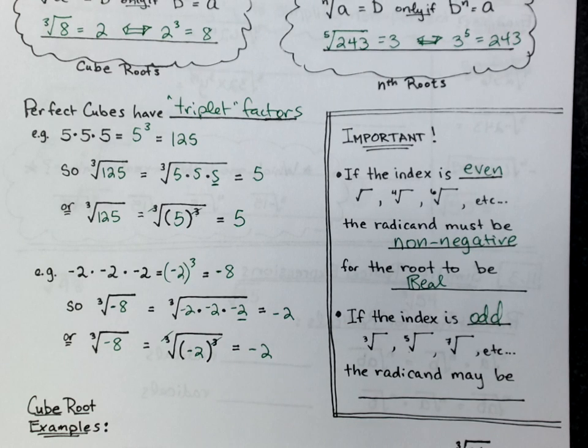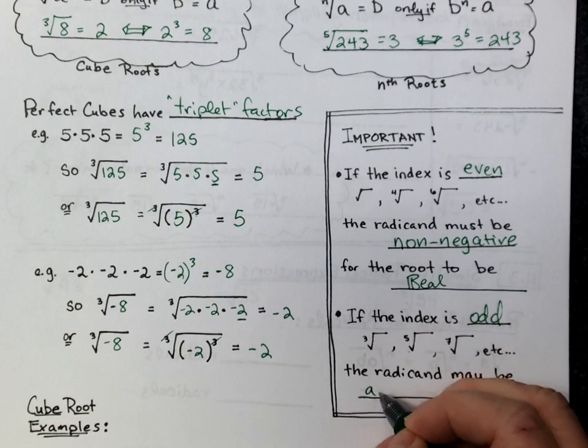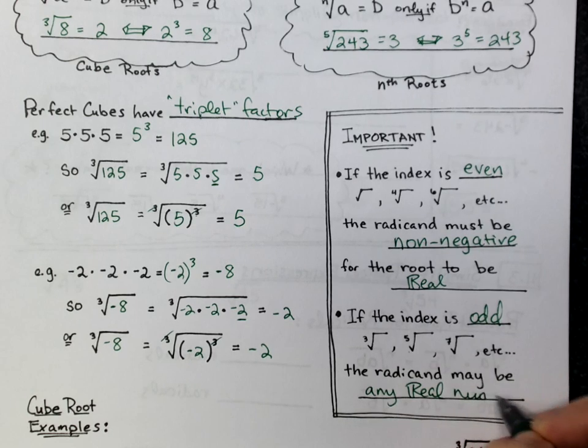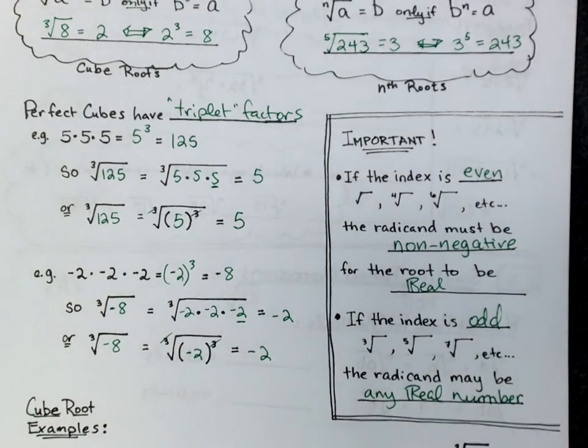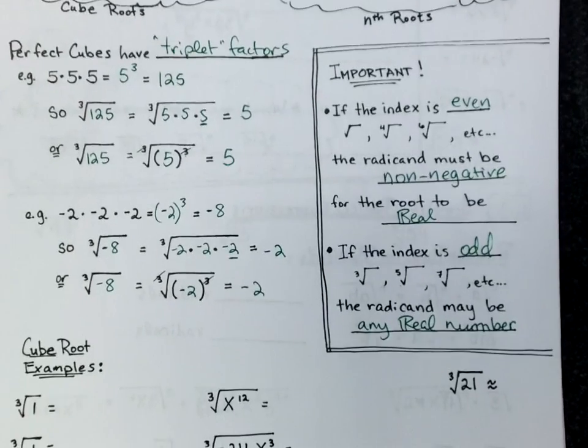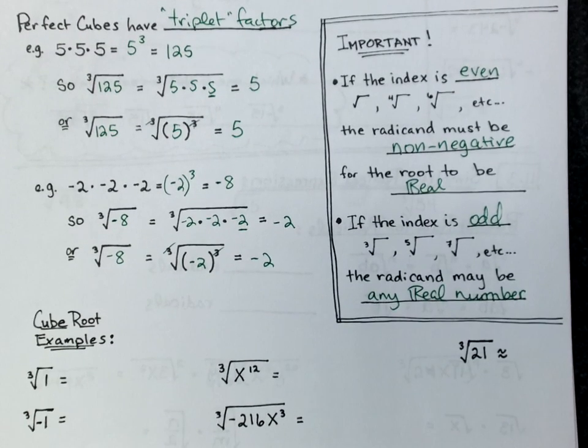Yeah, it could be anything, basically any real number. Meaning a positive number, negative number, 0, doesn't matter. Any real number is okay. No restrictions on the radicand, except that it's real, if your index is odd.